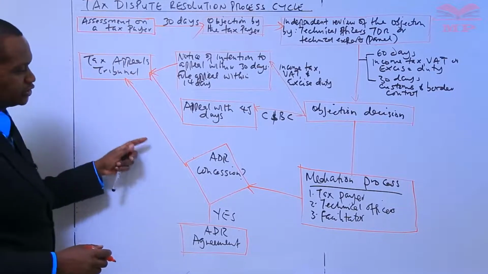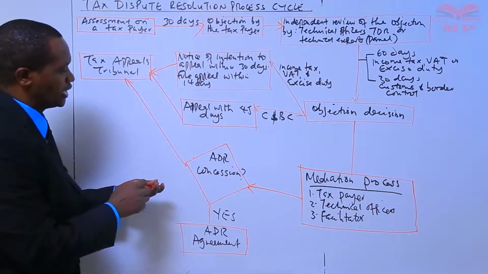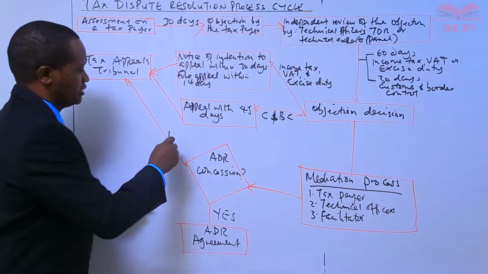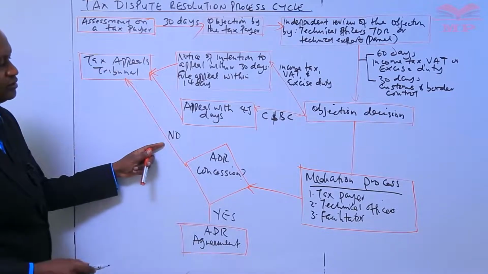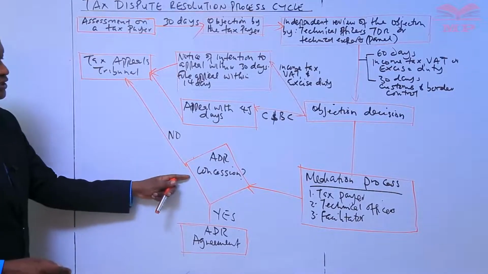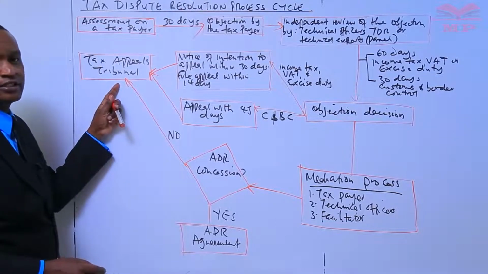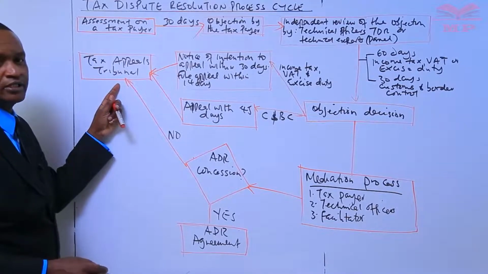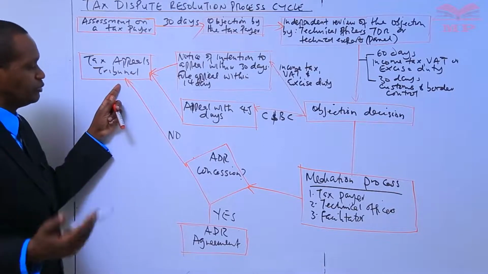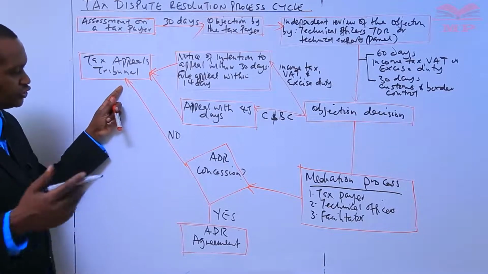Okay, this is where now there is no agreement. Then the taxpayer can seek redress at the tax appeals tribunal.